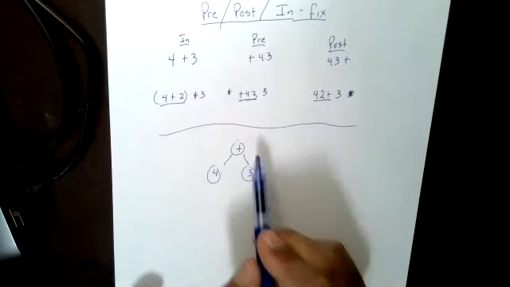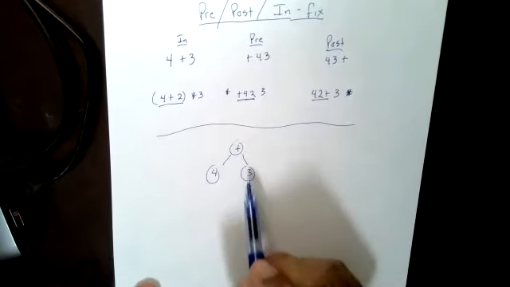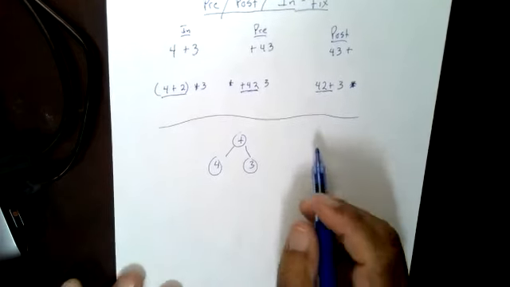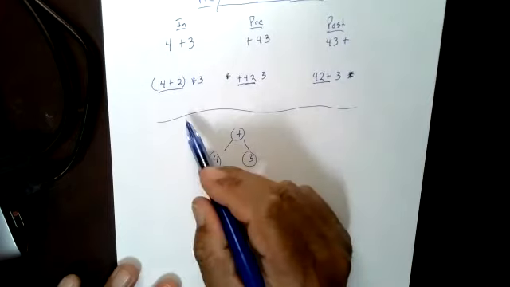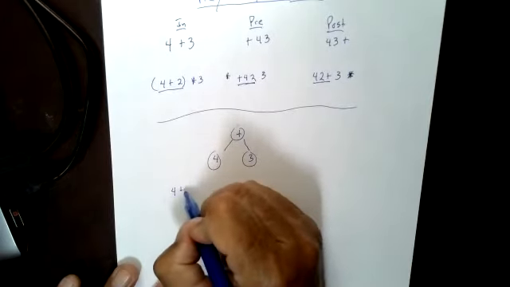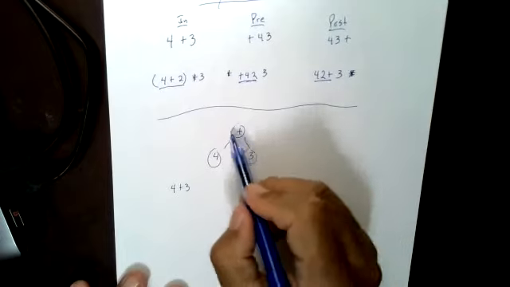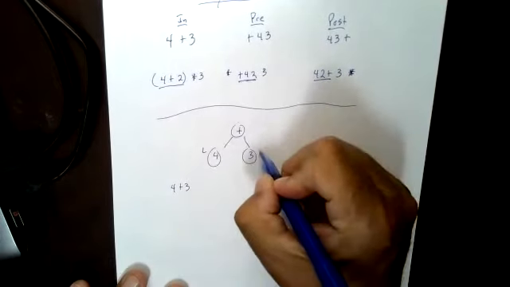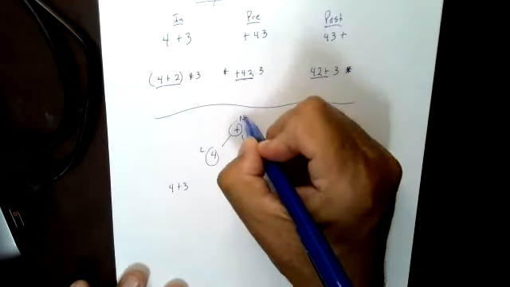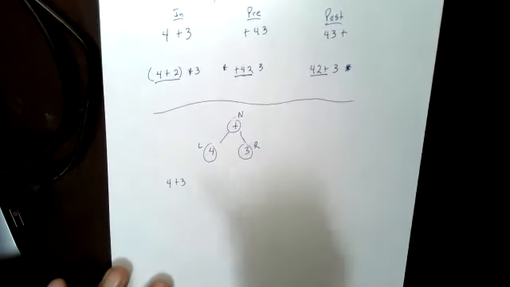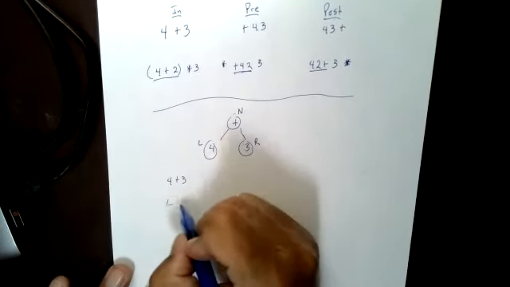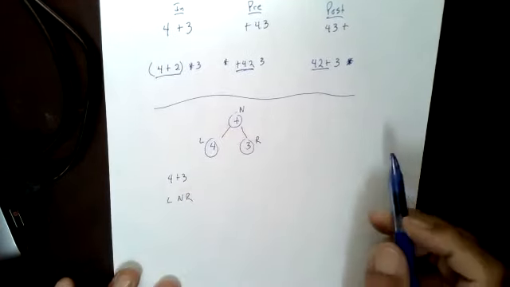Okay, it's a binary tree because I start here and it branches in 2 directions, sort of like 0 and 1. Now, this guy is written in infix, 4 plus 3. And when we talk about these 3 locations, we'll refer to this as the left, this as the right, and this as the node. So when it's infix, I go left, node, right.